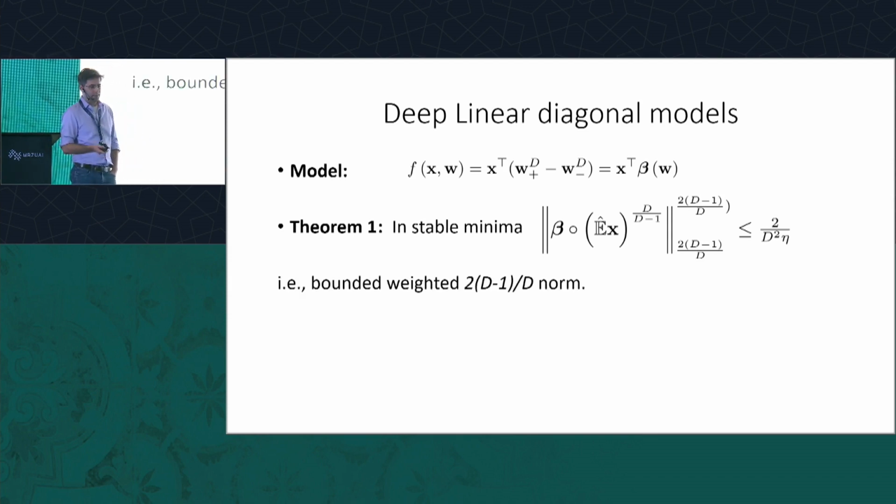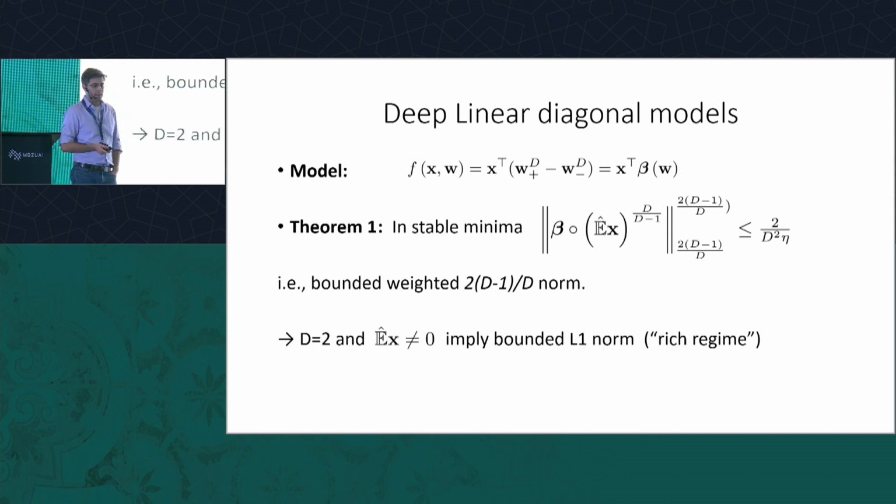Specifically, we get this bounded norm which depends on the depth. For d equals 2, and if we assume that the mean of the data is non-zero, which is common, and holds for ReLU at least, then we imply a bounded weighted L1 norm, which is similar to the rich regime, meaning we're far from the kernel. You can't represent it using a kernel.